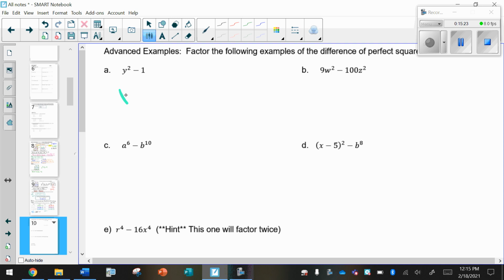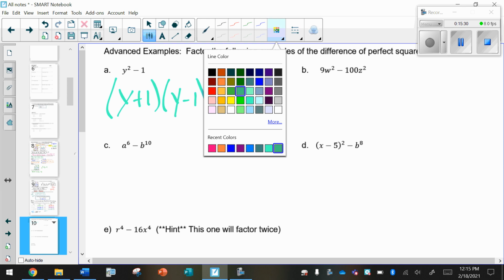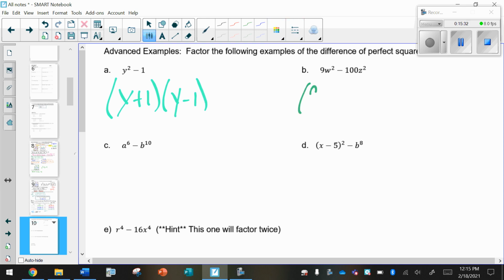All right, so this would be y plus 1, y minus 1. And then this one would be 3w plus 10c, and then 3w minus 10c.